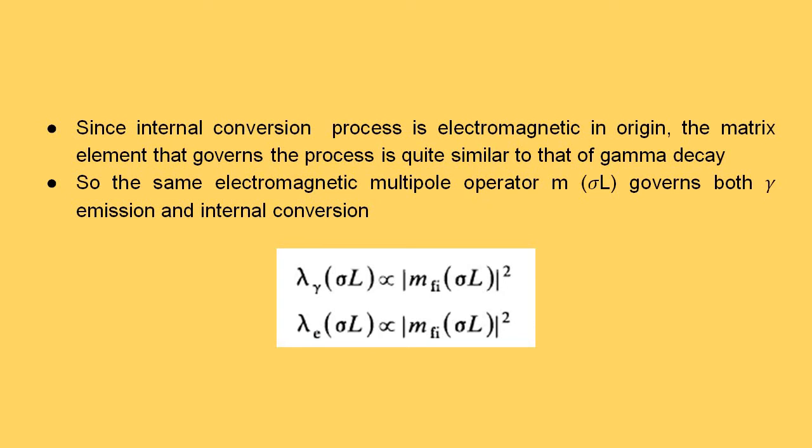So the same electromagnetic multipole operator that we have written as M of sigma L governs both the gamma emission and the internal conversion. That means the decay constant lambda gamma sigma L is proportional to the matrix element M fi sigma L squared, and lambda e with the same multipole operator.